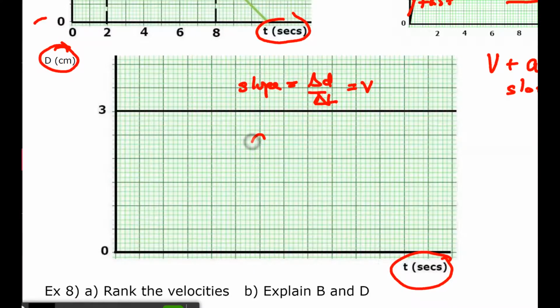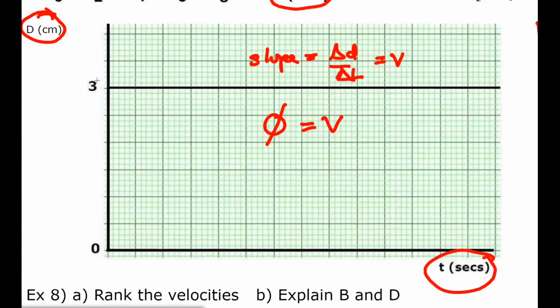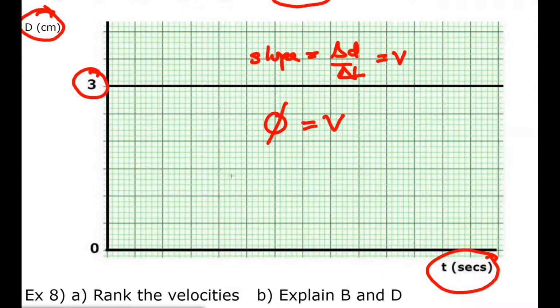If the slope is zero, then the velocity is zero. The person started 3 meters from the start. Let's write this down. Began 3 meters from whatever you call the start. And never moved.